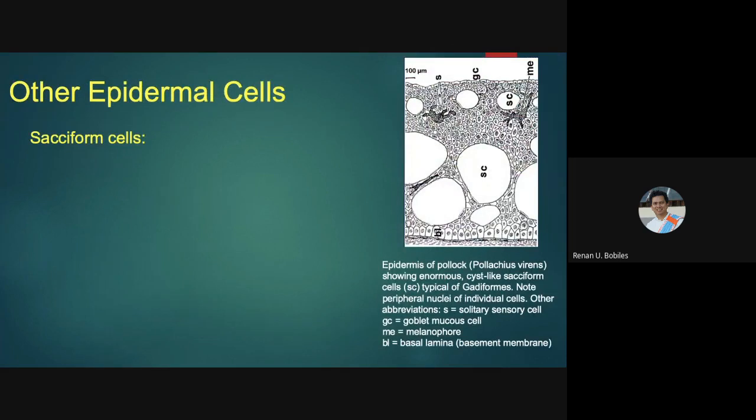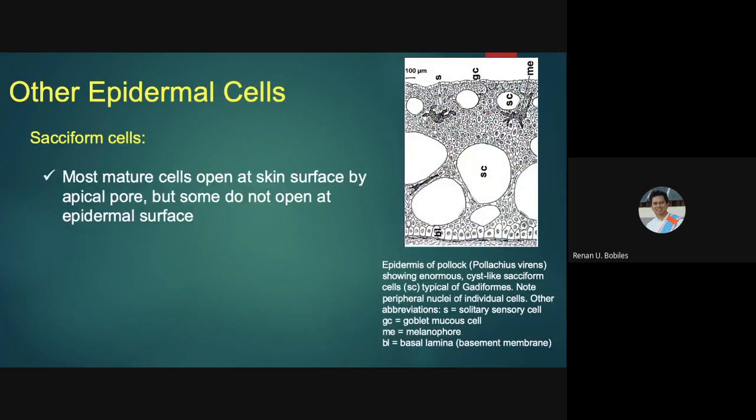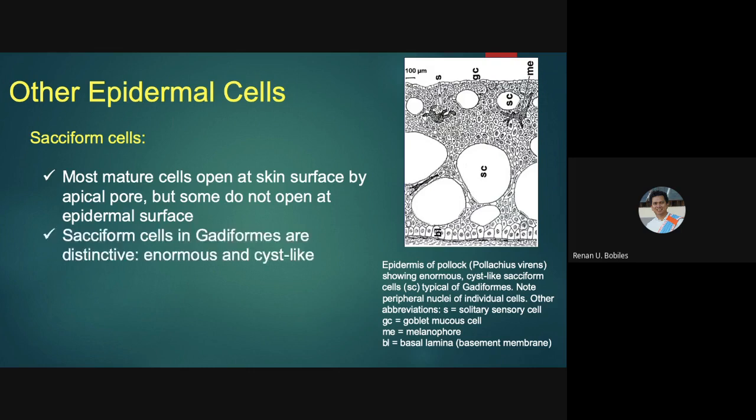While sacciform cells, most mature cells open at the skin surface by an apical pore, but some do not open at the epidermal surface. So what is the function of sacciform cells? They act as a toxic repellent.